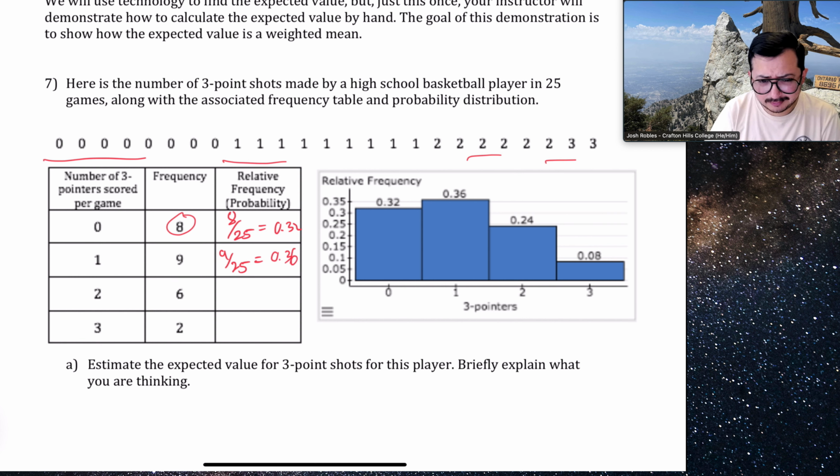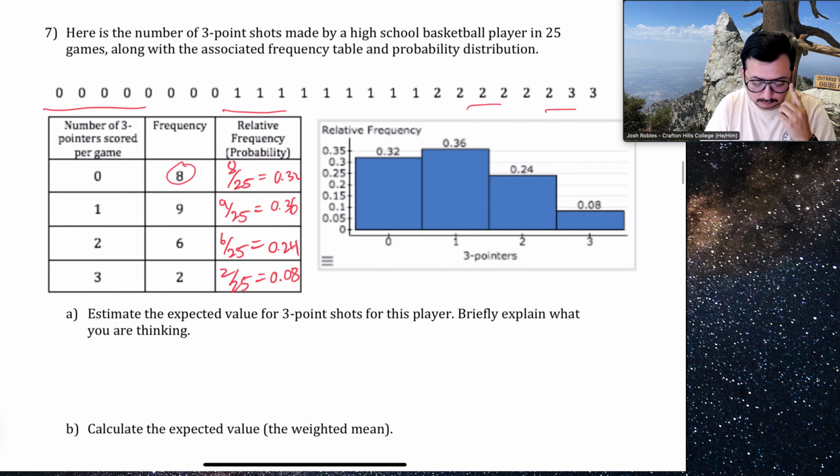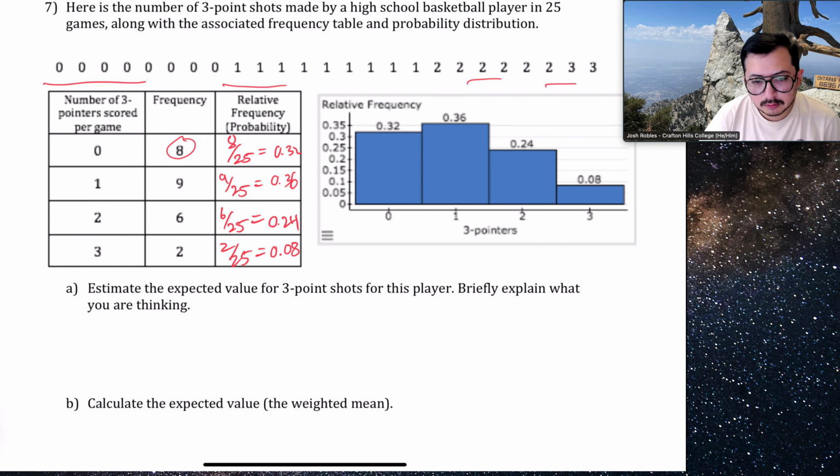Again, I'm going to naturally go back and forth between each one. 6 out of 25 is 24%. And 2 out of 25 is 8%, 0.08.